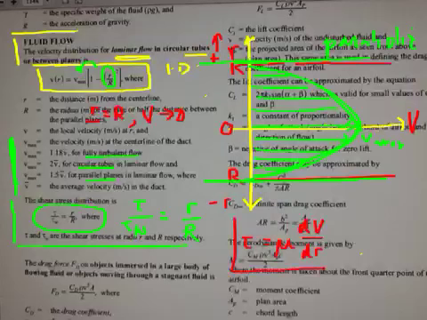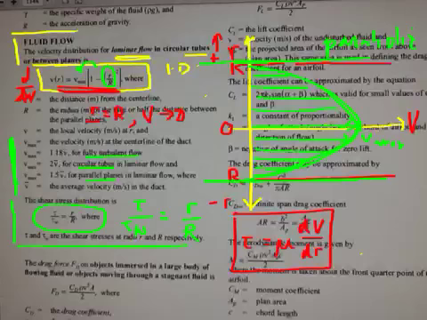So if you took the derivative of velocity with respect to r in this equation, you would find out that this is basically equal to a constant times r. And so, in other words, it's the slope of this curve.